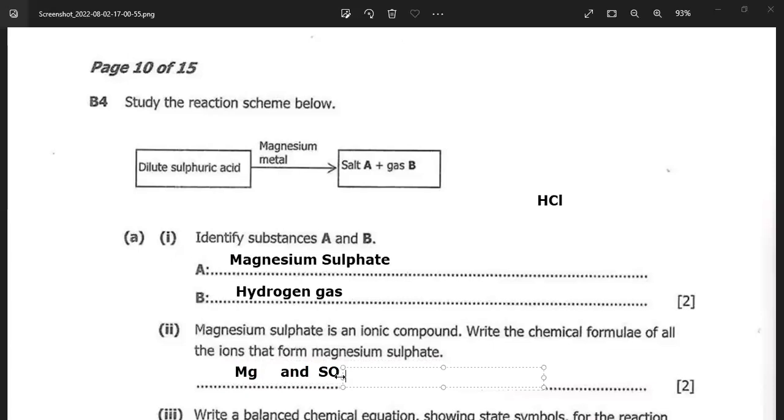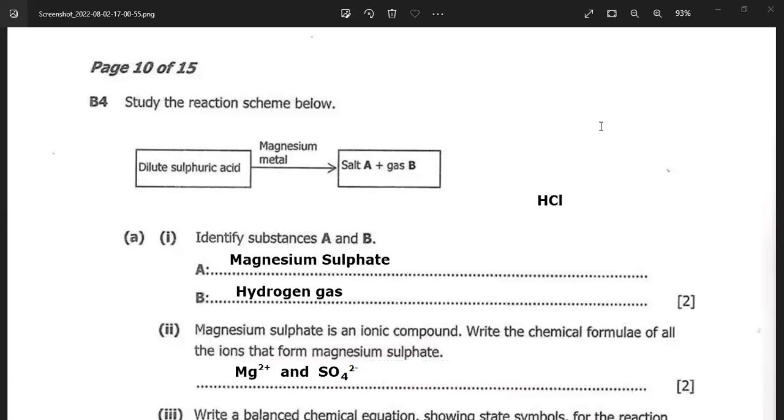Of course, the 2 is negative. So like I said, it's a 2 plus for magnesium, since it has a valence of 2, and we have a 2 minus for this sulfate. That is what you have for this one.